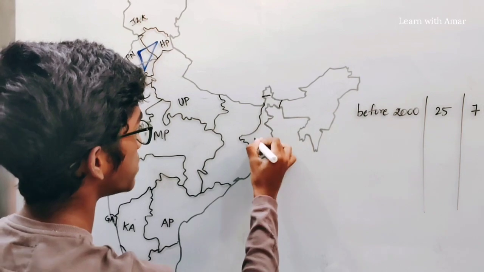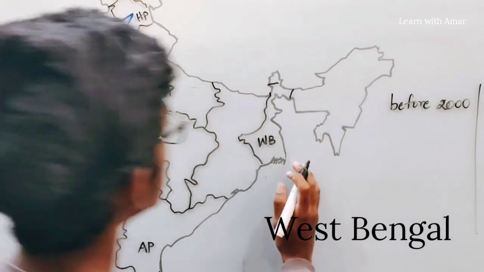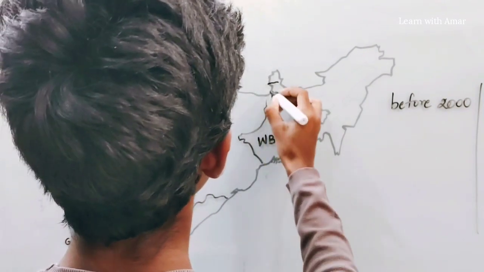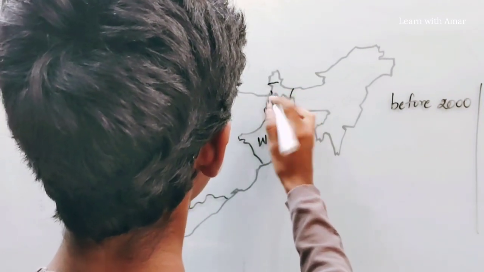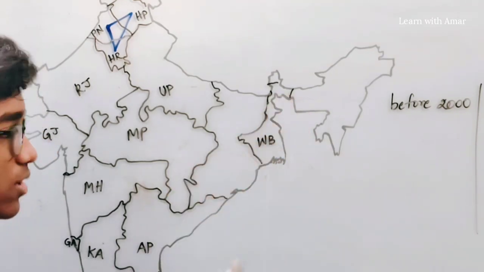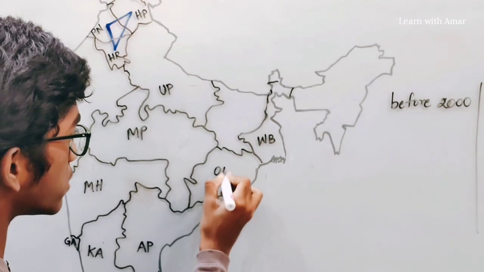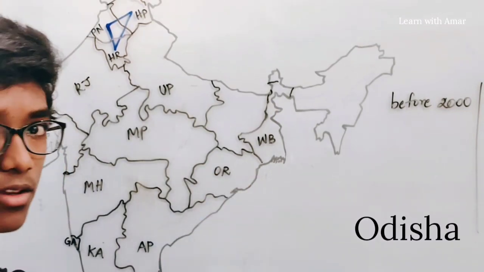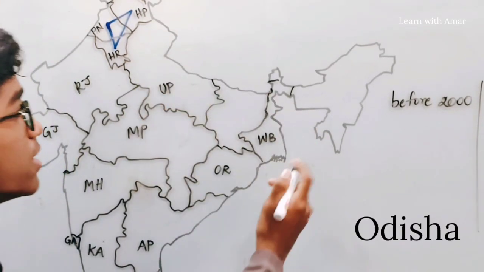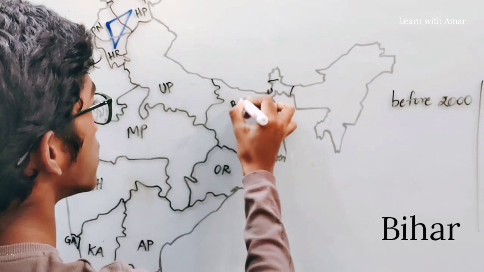It is West Bengal. Is it visible? This is a glass board, so yeah. Now we join this, and here we get Odisha, or Orissa at that time. And the remaining part here, this one is Bihar.